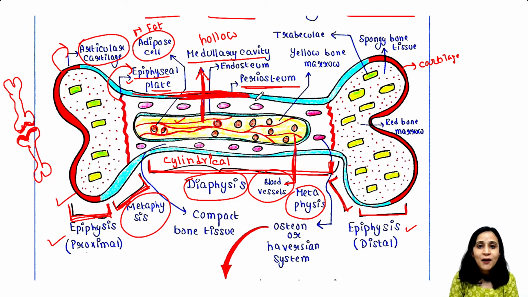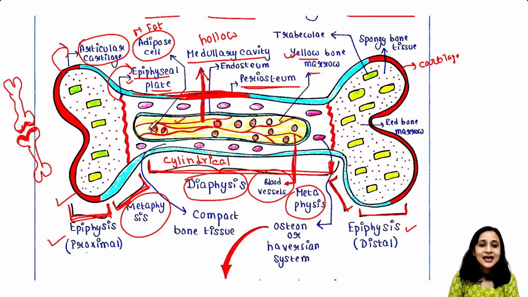So this part is called yellow bone marrow. In the medullary cavity there is a bone marrow, and that is called yellow bone marrow. And in this yellow bone marrow some adipose cells and some blood vessels are present.